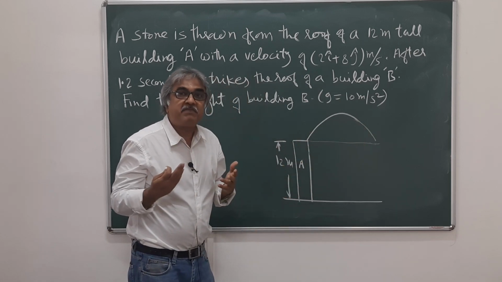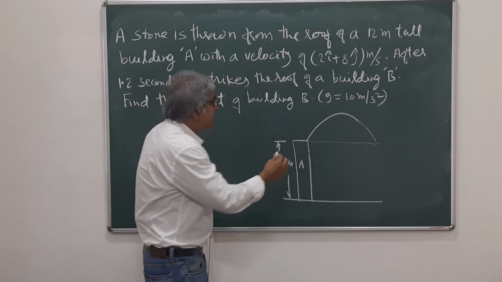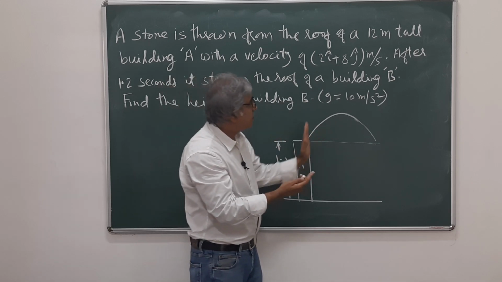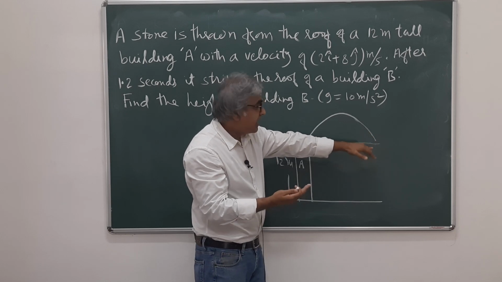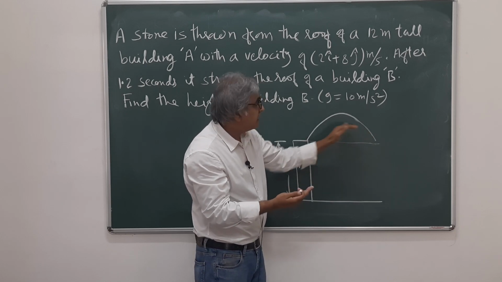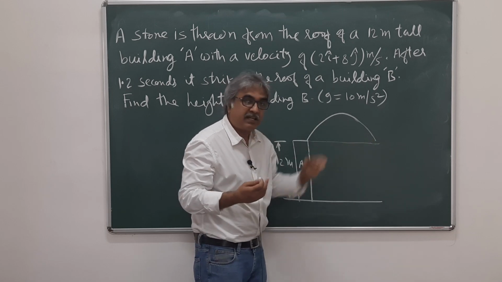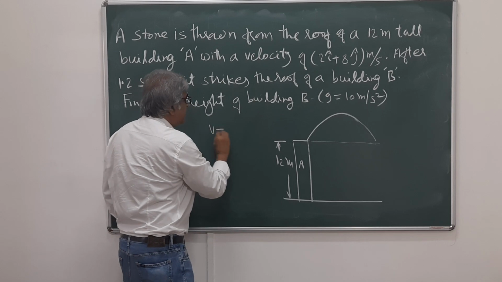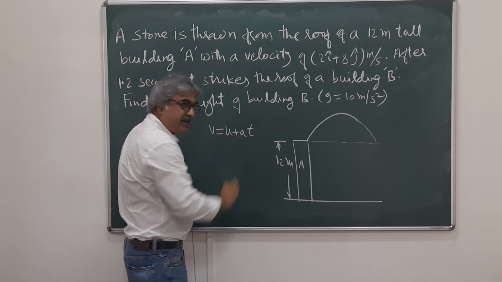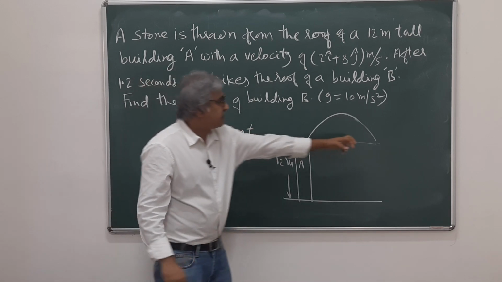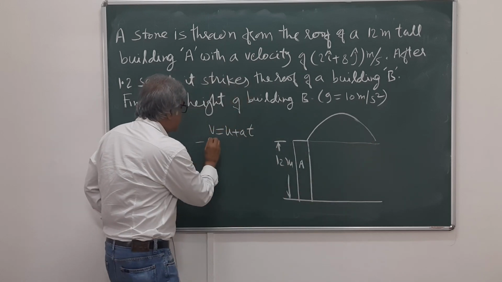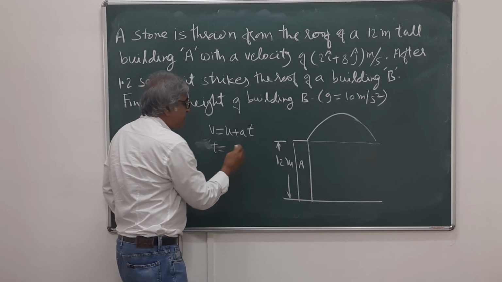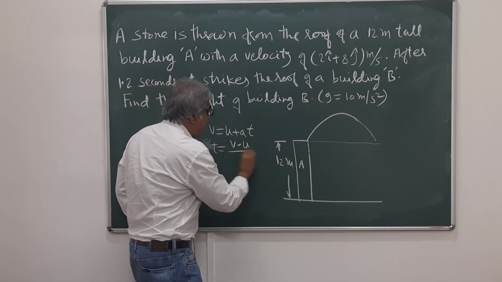So what will be the time required? Let's find out the time it would require to reach this level. We can use the equation v is equal to u plus at. Final velocity here would be -8. So t is equal to v minus u by a.